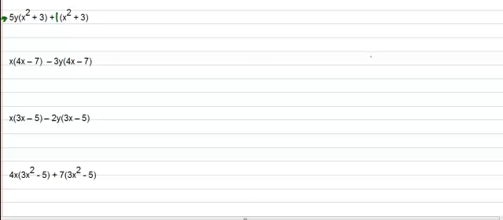So now that we've got the 1 in there, we're looking for a GCF. We see that x squared plus 3 is in each parentheses. So that is our GCF.